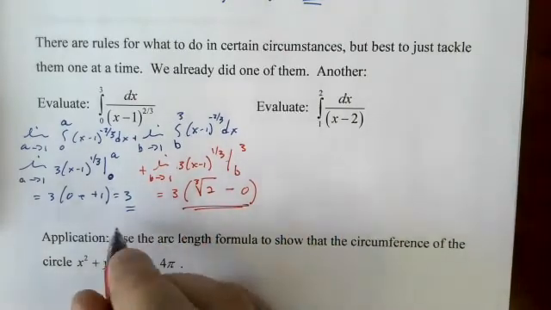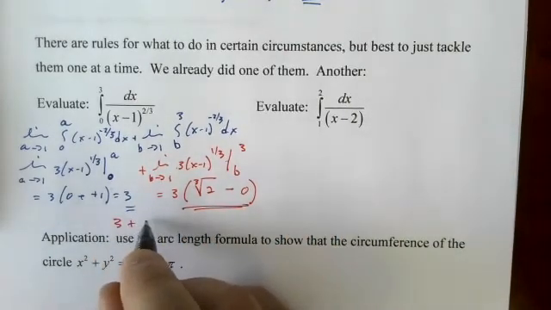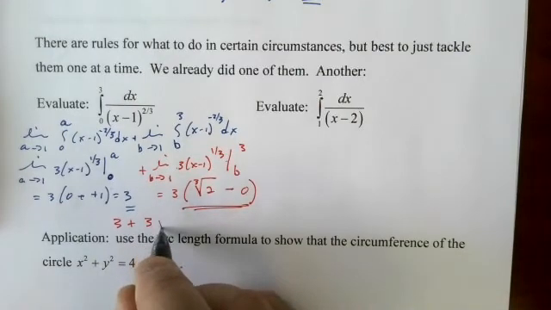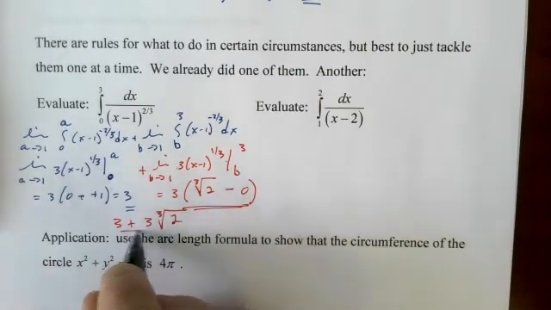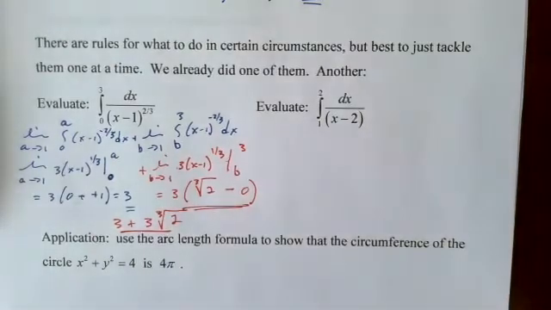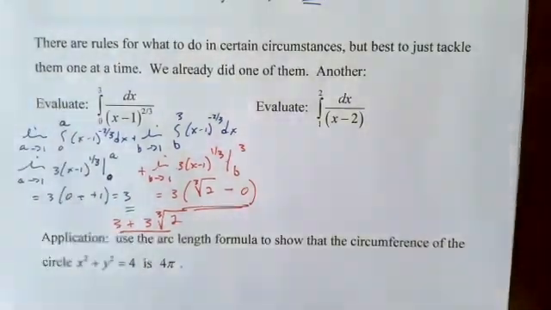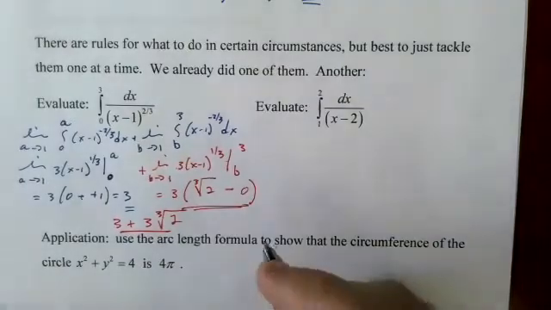So that's it. Combined, we get 3 plus 3 times the third root of 2. Wow.